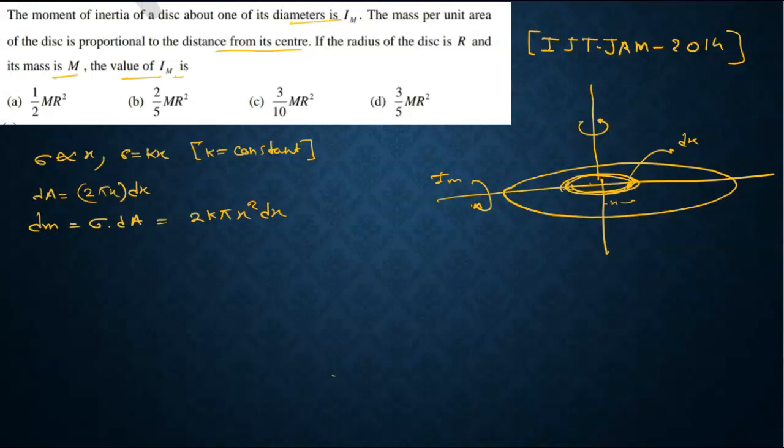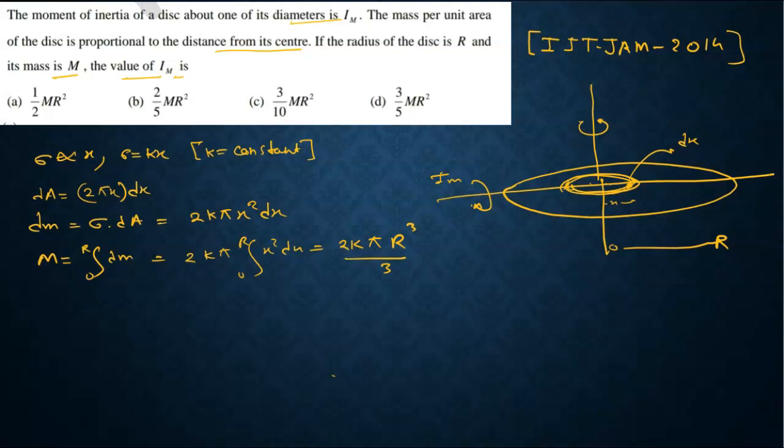If you integrate dm from 0 to r, we will get the total mass, that is 2k pi integral from 0 to r of x square dx, equals 2k pi r to the power 3 by 3.